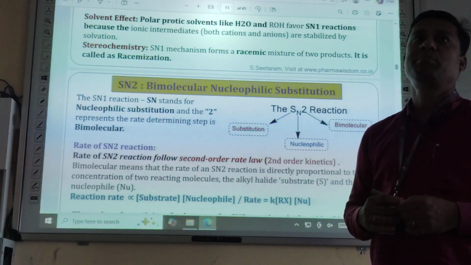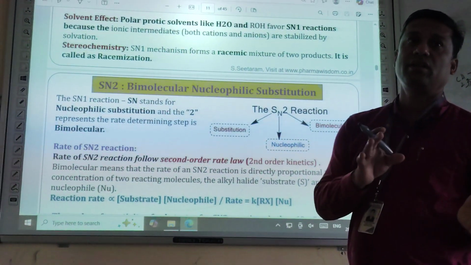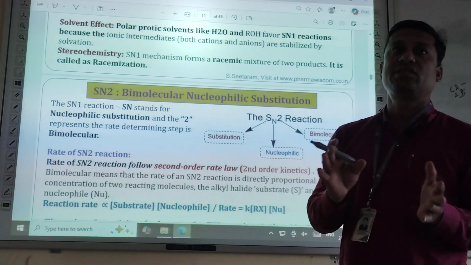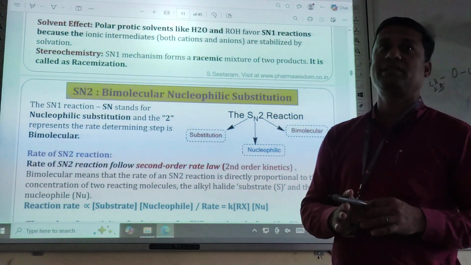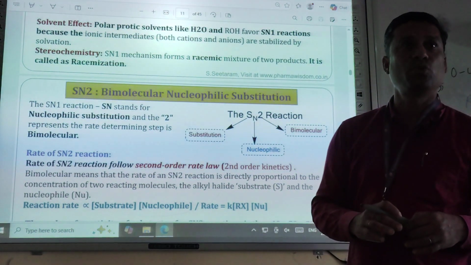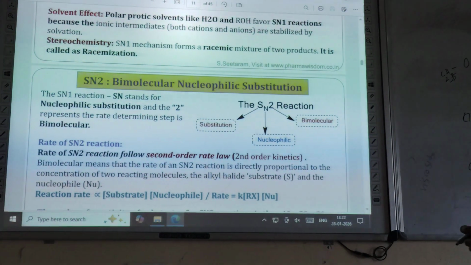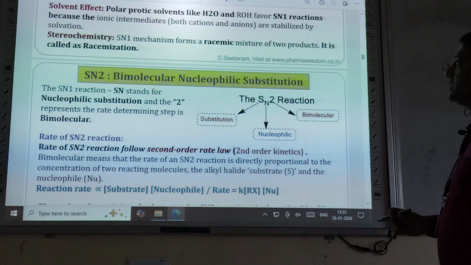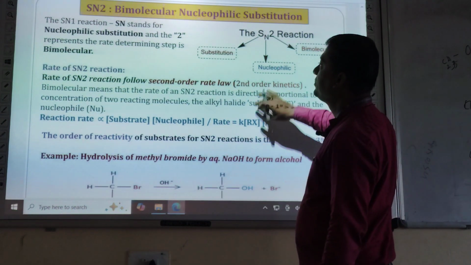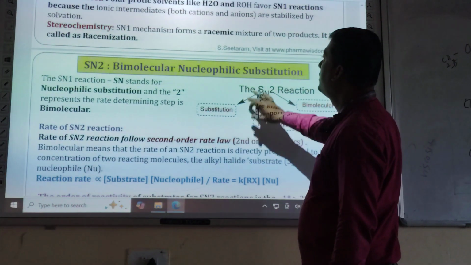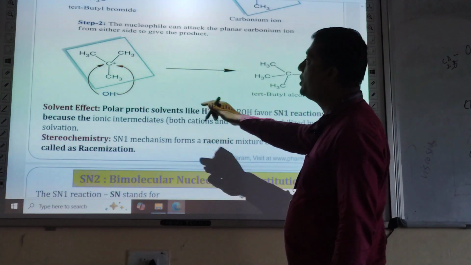The isomers in ratios like 50-50, 30-70, or 60-40 are the racemic mixture of both isomers. That is known as racemization. The nucleophile will attack from the 2 sides.